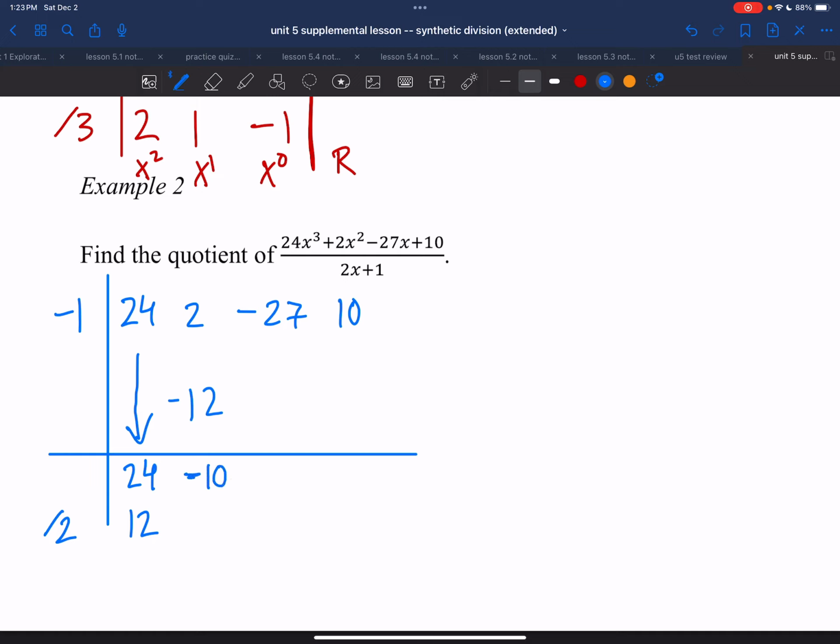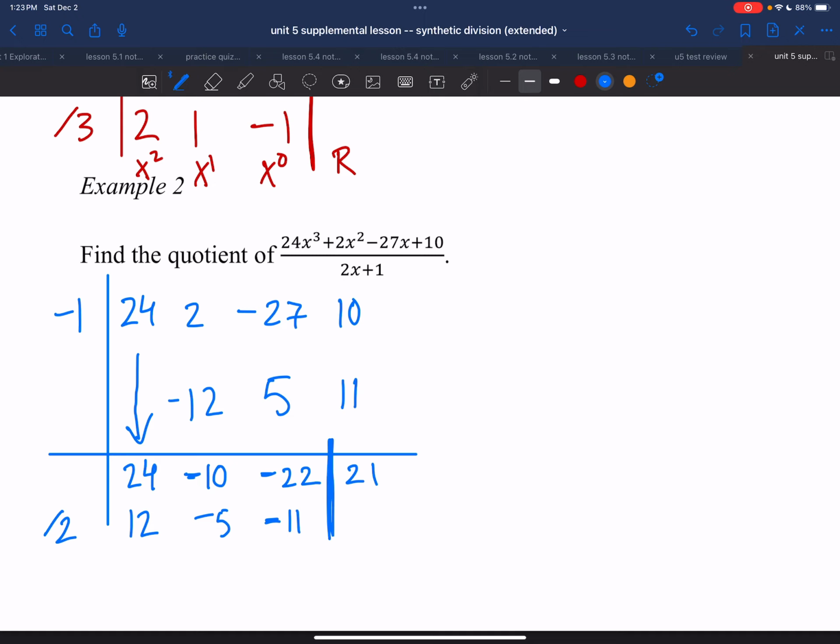Divide -10 by 2 is -5. -5 times -1 is +5. -27 plus 5 is -22. To cut that in half, it's -11. And -11 times -1 is +11. 10 plus 11 is 21.